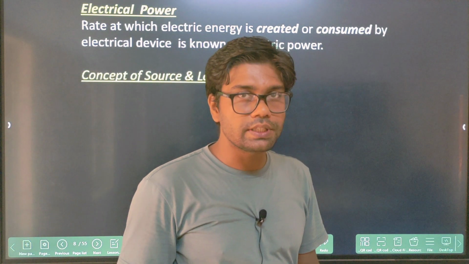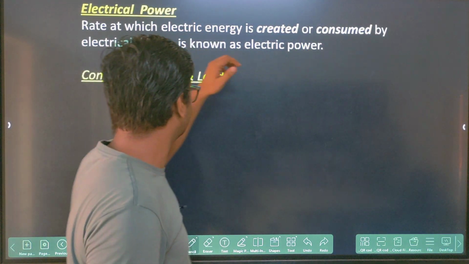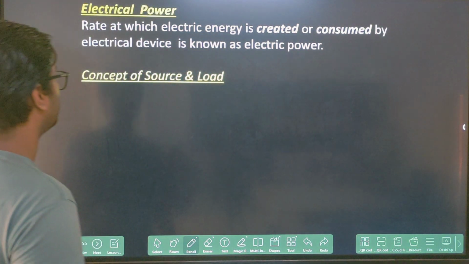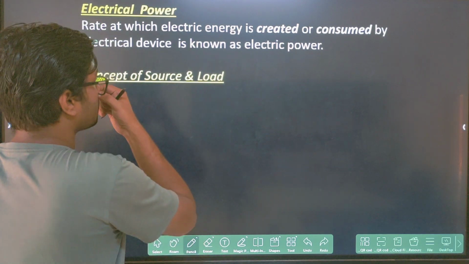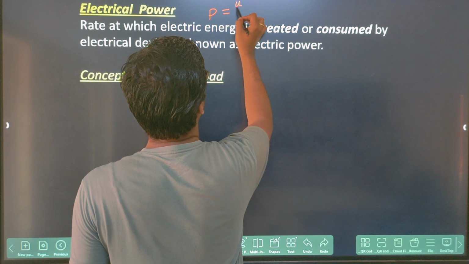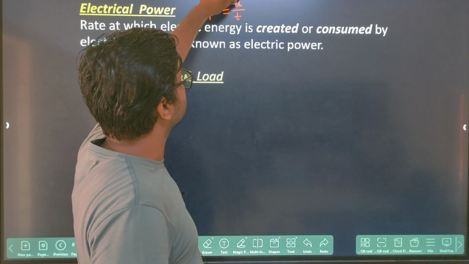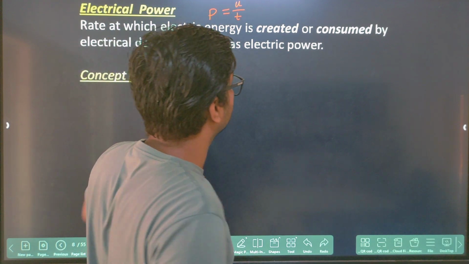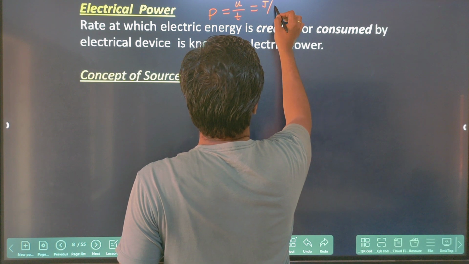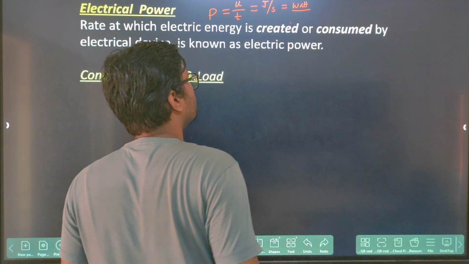So if I write electrical power as P, this will be U by t, energy consumed or energy created per unit time. This will be joule per second, which can be written as watt. So the unit will be watt.